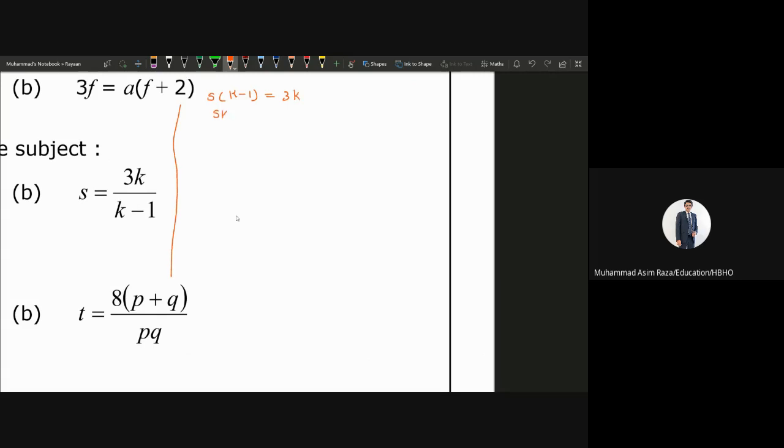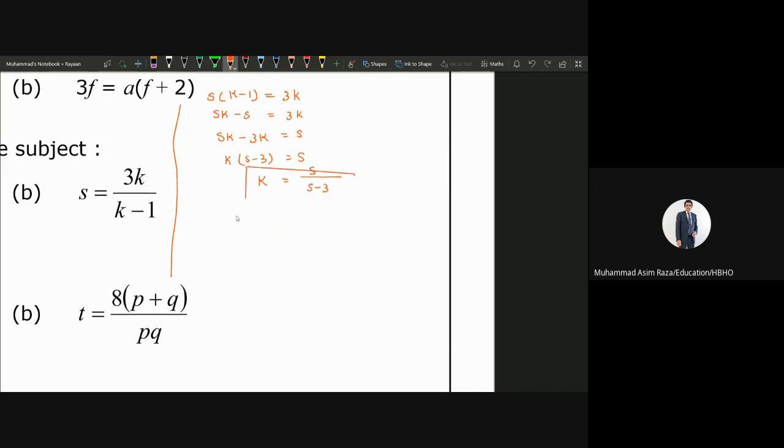So that you can write down sk minus s is equal to 3k. Now take this 3k onto this side so that we can have sk minus 3k, and take s onto this side. You know that you can take k common now so that we can have s minus 3 is equal to s. And then k will be equal to s over s minus 3.